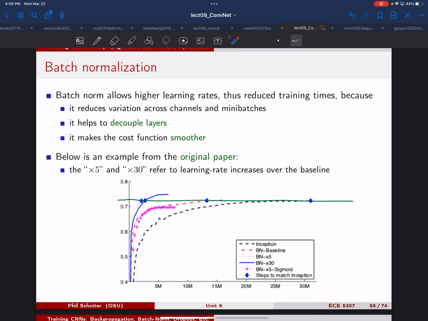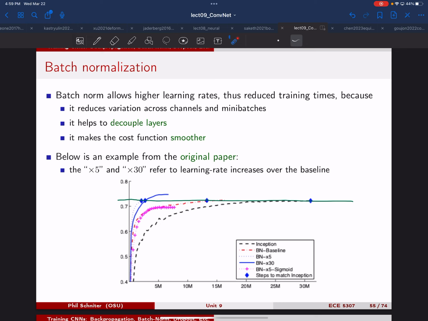And in fact, it goes a little bit beyond that, a little bit better. But maybe that's not all. Maybe what we can do is actually increase the learning rate by a factor of 5. And what we see then, that is the dotted line. In that case, it's way faster convergence. And it's hard to tell if it gets better.